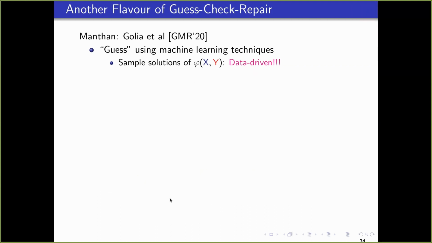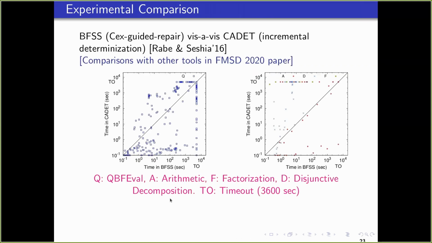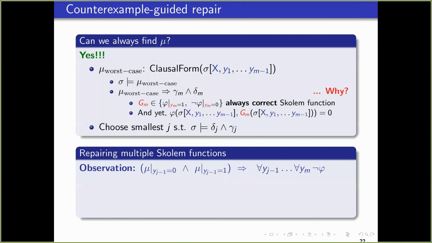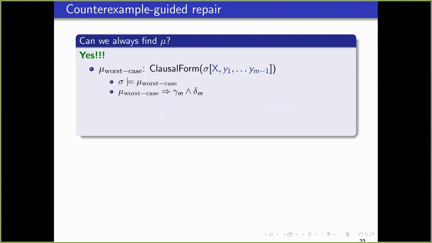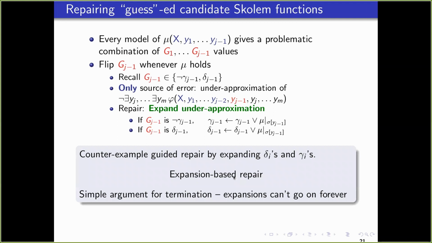The way that we did the repair was only to add, because we were guaranteed that we were always using under approximations. So any error comes about because this under approximation has not captured everything. So we know that whatever counterexample we have, that should just be added. But I think this limitation has been removed.